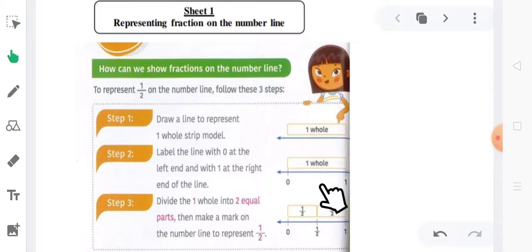The benchmarks that we rely on, or we need, to represent any fraction. Okay? Step number 3, divide one whole into 2 equal parts. Then make a mark. We divide it into, or we make, the jumps. Okay? The first jump and the second jump. Okay? As we see here.